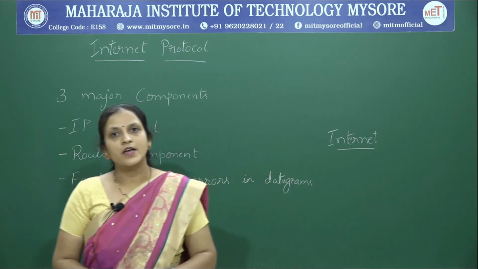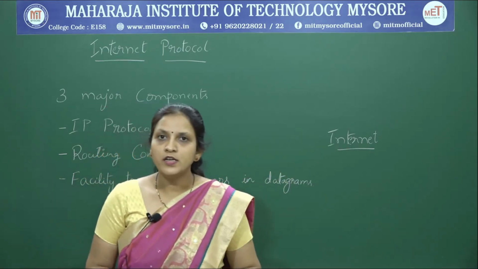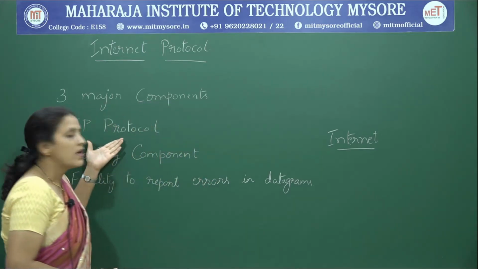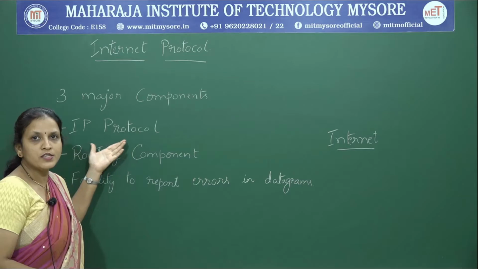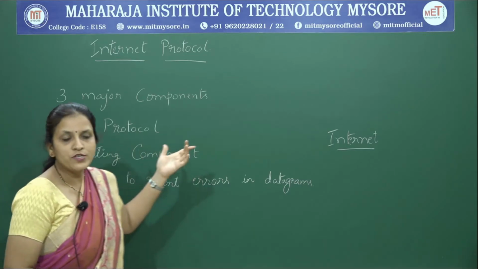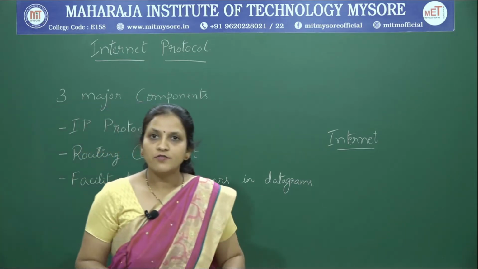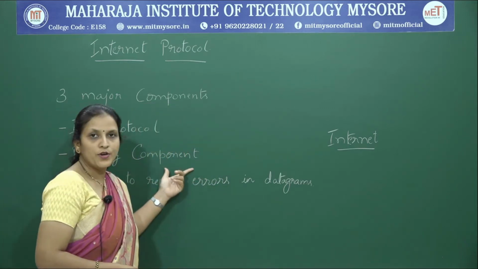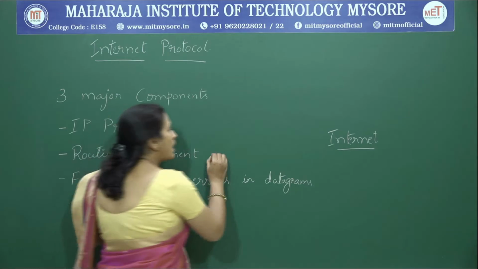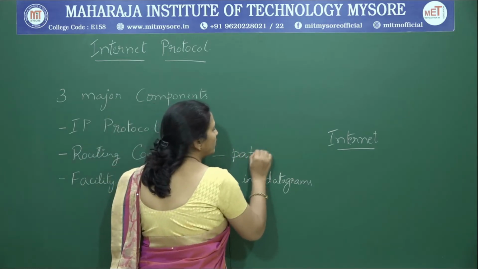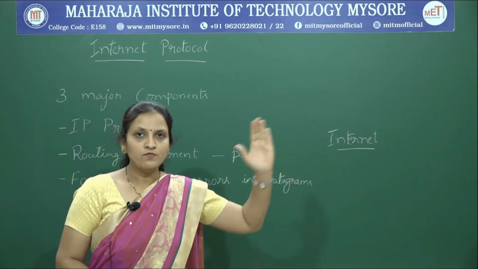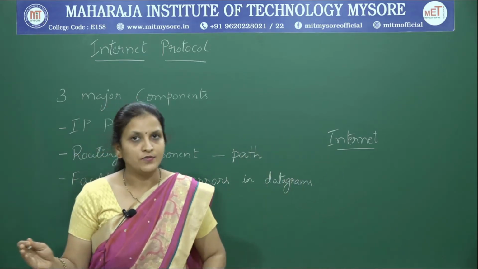When I say internet, the network layer consists of three major components. The very first one is the IP protocol, that is the internet protocol, with the help of which we are going to design our datagram. Next is the routing component, which specifies the path through which datagrams flow from source to destination.